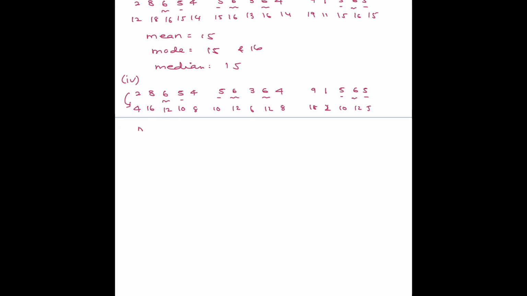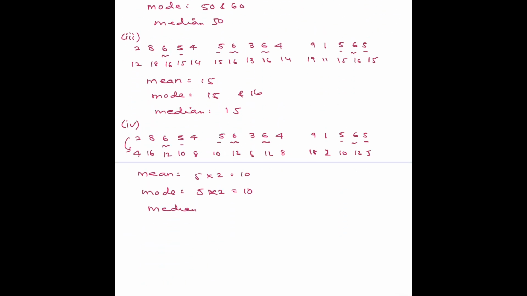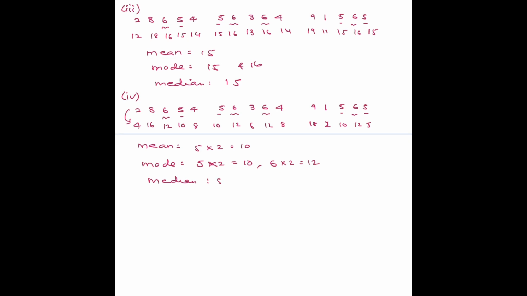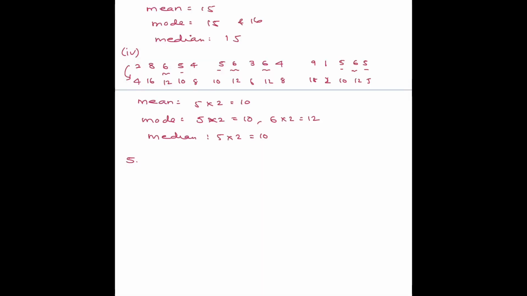So I'm multiplying by 2. The original mean was 5, times 2, 10. Mode is 5 and 6, so it's 10 and 12. Median is 5 times 2, 10.